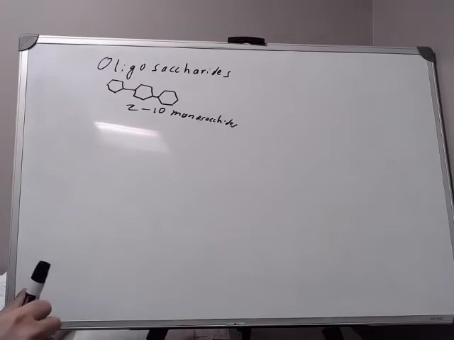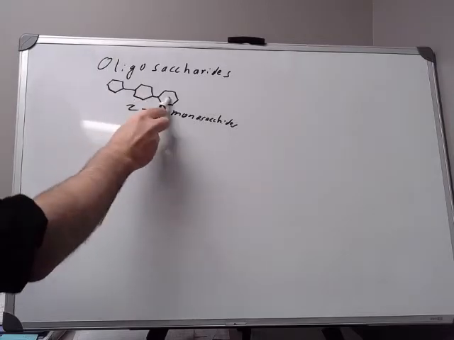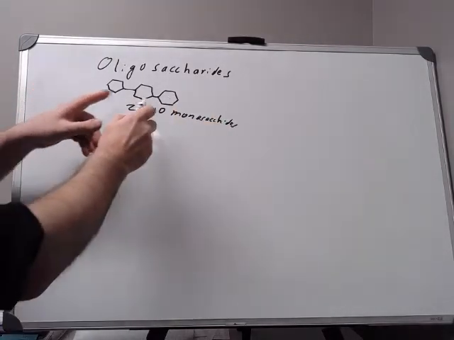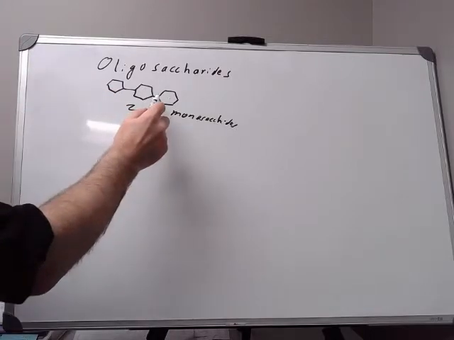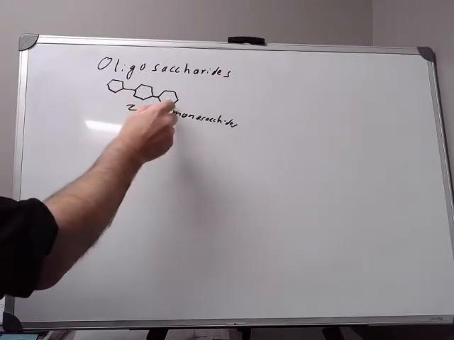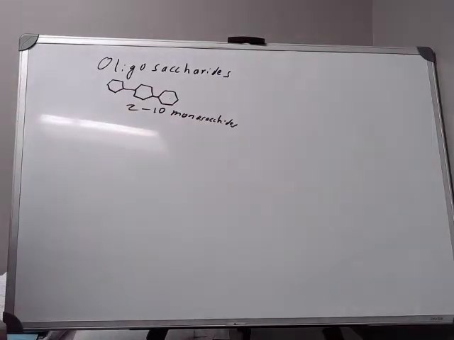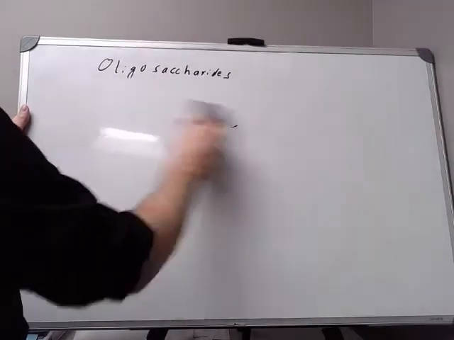And oligosaccharides are defined by the types of monosaccharides that build the oligosaccharide and how those monosaccharides are joined to each other. And we'll discuss both of those in this video.